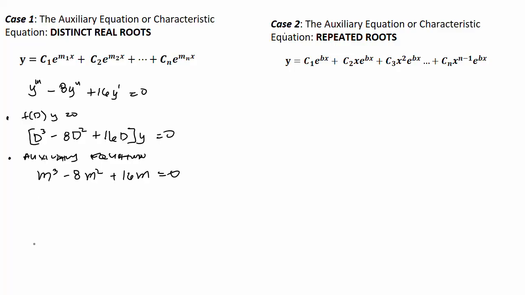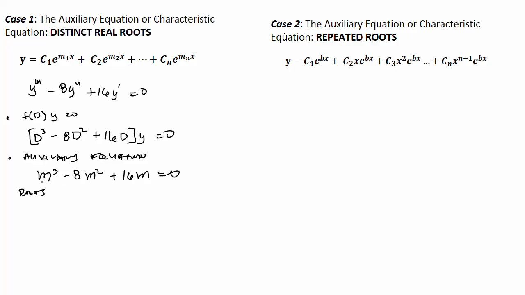And then what we do is we find the roots. So we find the roots by simplifying this auxiliary equation, usually by factoring these terms.